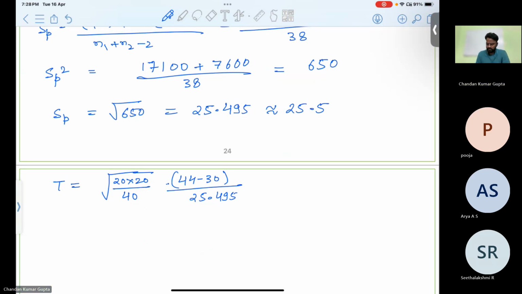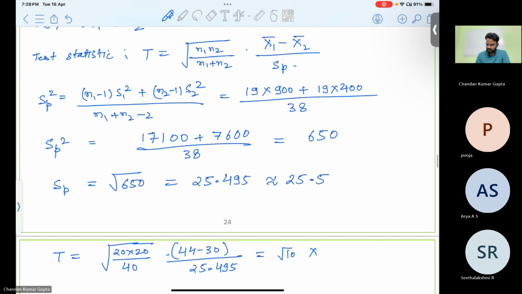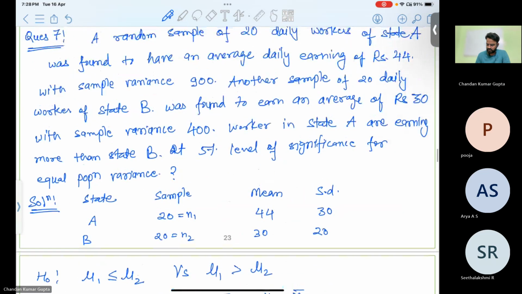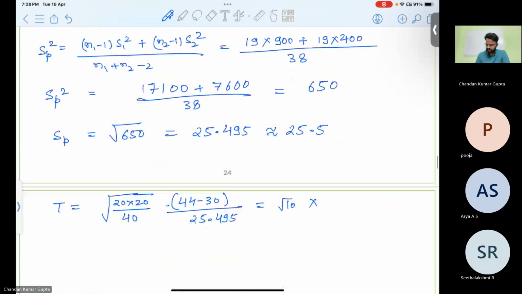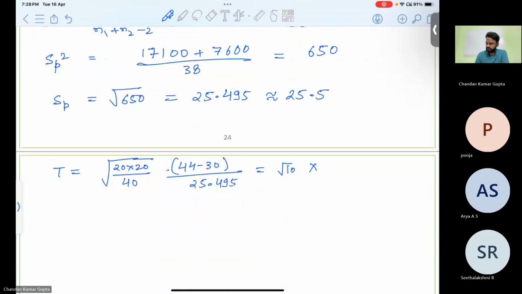This comes to root 10 times 14, divided by 25.495.